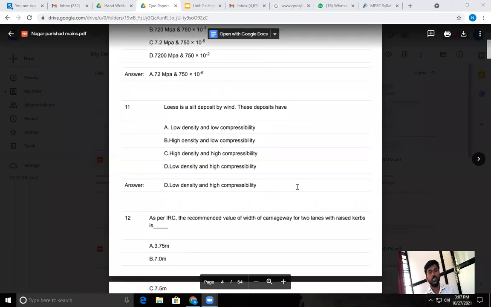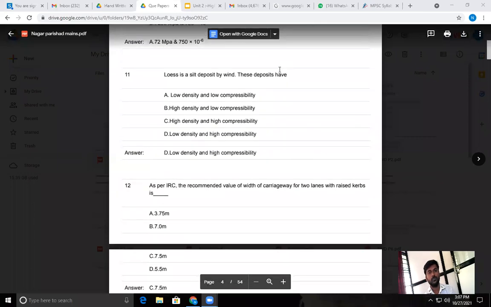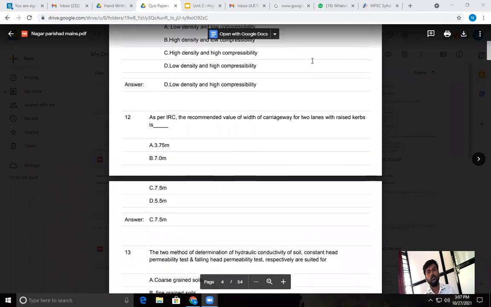See here, this question, question number 12. As per the IRC recommended values, the width of the carriageway. In the last lecture we discussed the width of the carriageway for 2 lanes with a raised kerb.